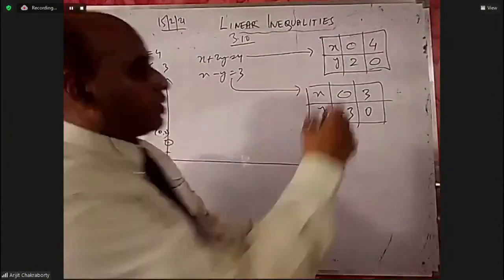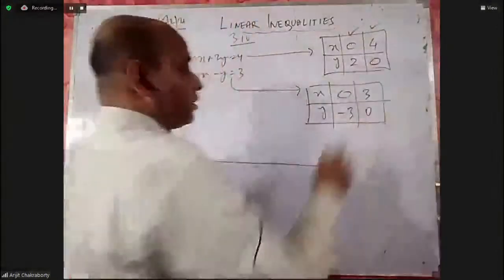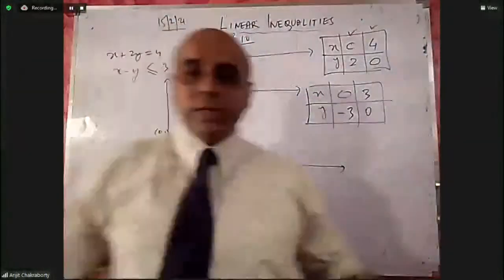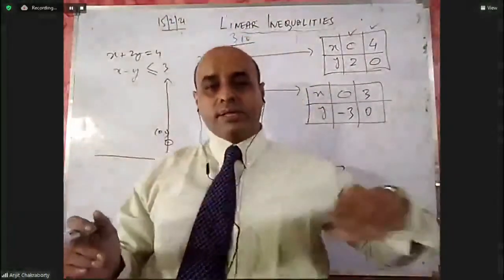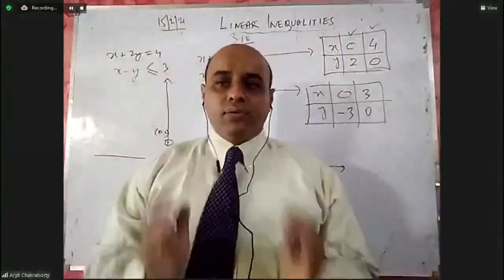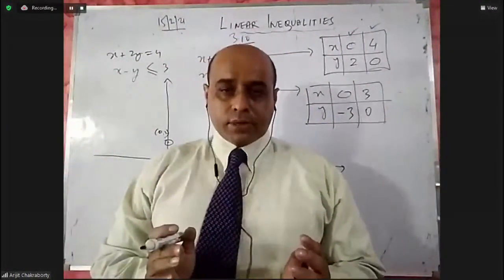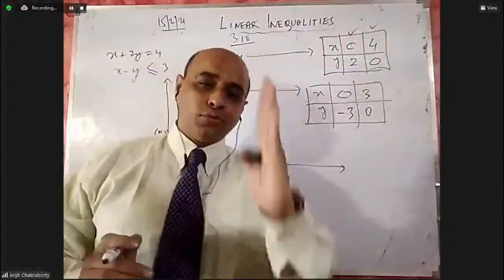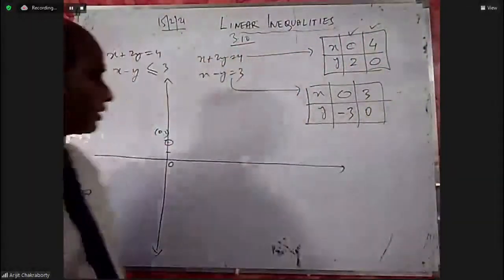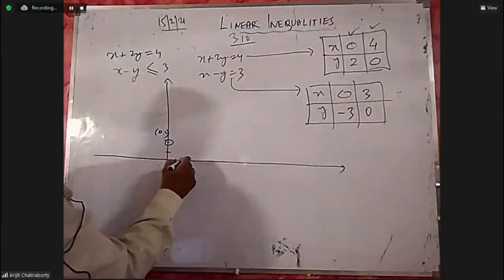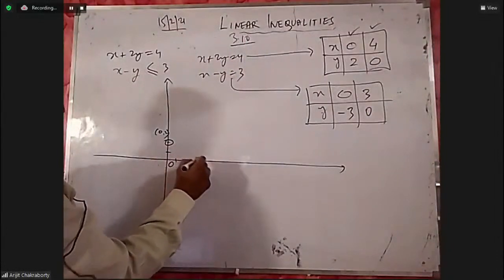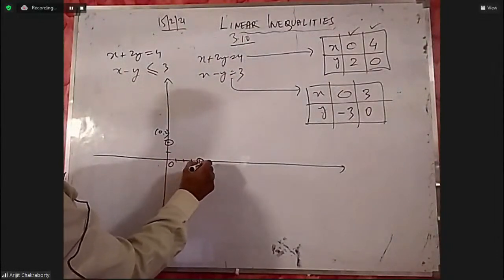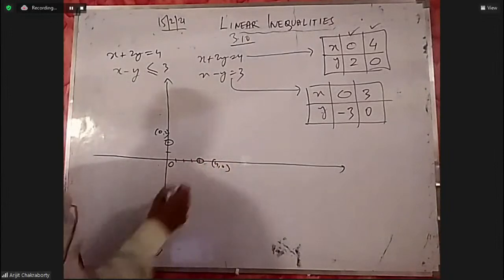And the other one, so I've taken 0, 2, I'll take 4, 0 now. 4, 0 means move towards the x-axis positive side by 4 steps. Okay, but y is 0. That means no vertical movement, just horizontal movement. So I will take 4 steps, 1, 2, 3, and 4. So this point is 4, 0.